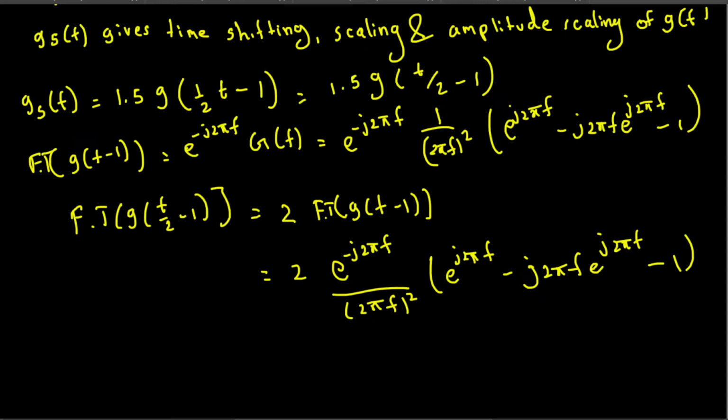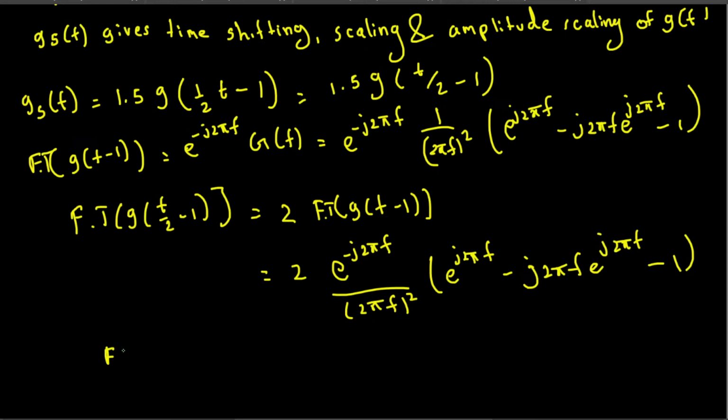Okay, so we have done that. We have just one more thing to do, that is amplitude scaling. That is 1.5. We have done all of this, like half t minus 1. We have taken care of this until here. The final thing is we have to do the amplitude scaling. That is the final answer.